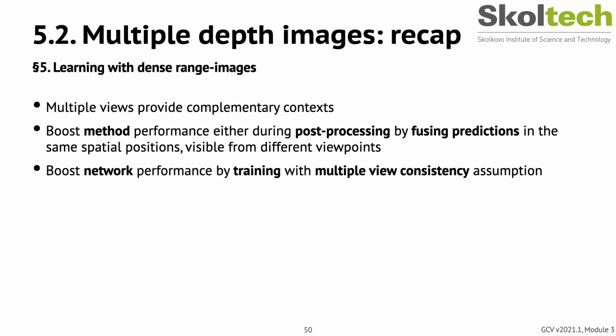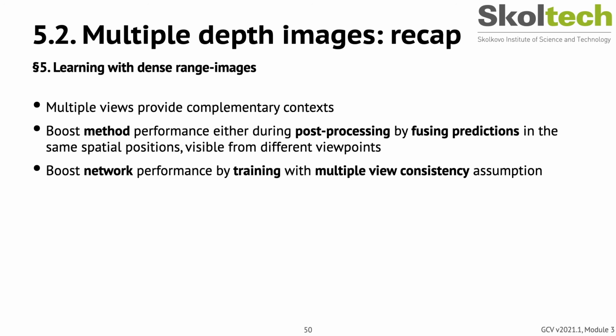Wrapping up, multiple views always provide complementary contexts, and that has been explored by numerous papers in the area of multiple view segmentation, depth fusion, and more recently in learning with multiple depth maps.